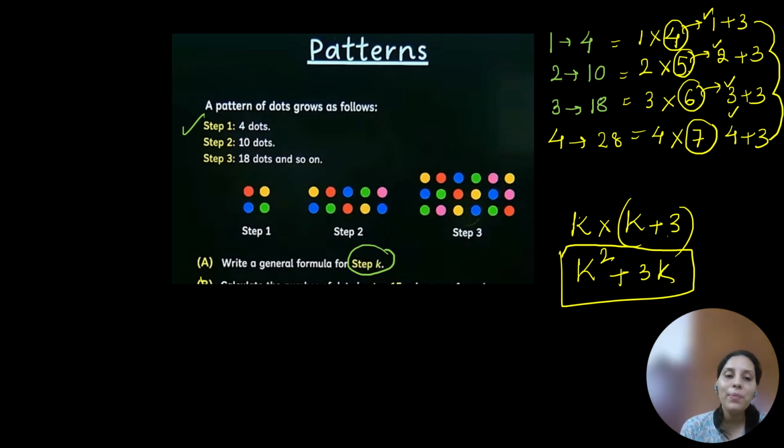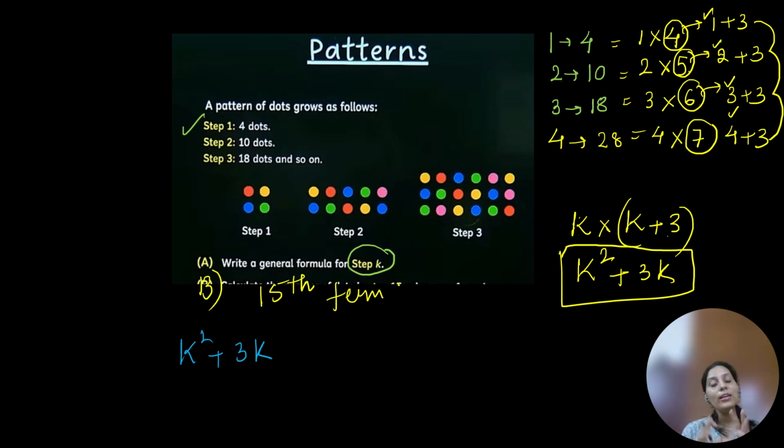Now here the B part is, we need to find the 15th term. So on step 15, how many dots? Once we have the formula k square plus 3k, we can find in whichever step we want how many dots it will have. We can easily find out. So now this time k is 15.